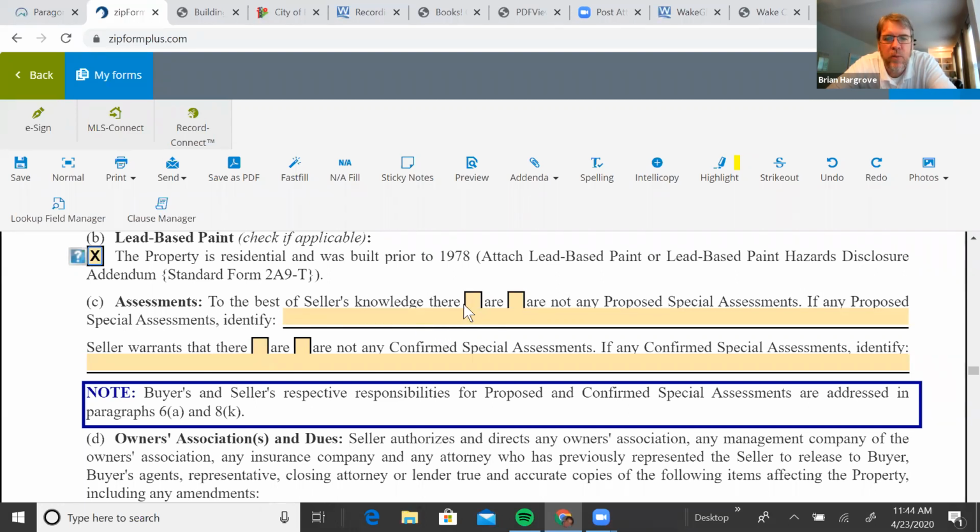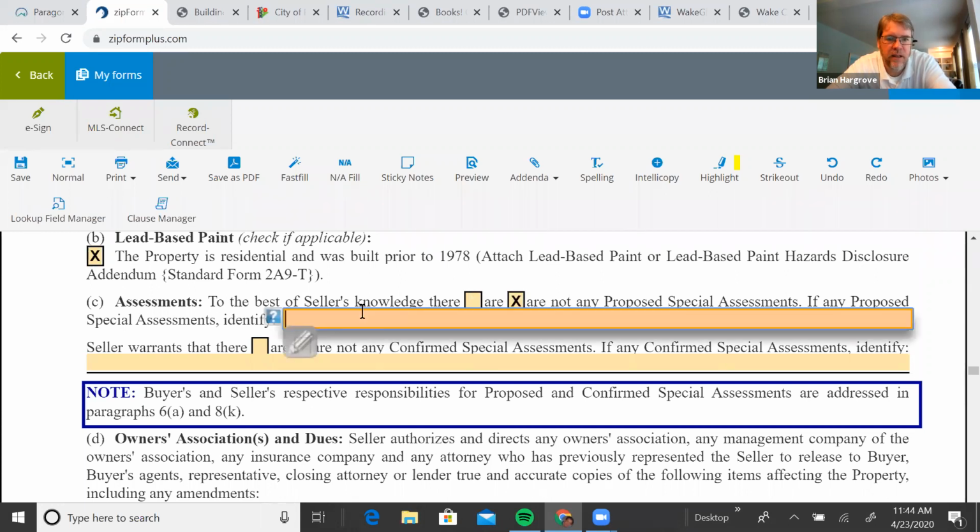So we want there to not be any, right? So we can go out and check, but in most cases, we're gonna put that there are not any special assessments. And then under identify, you could certainly put none known at time of offer. Something like that, right?